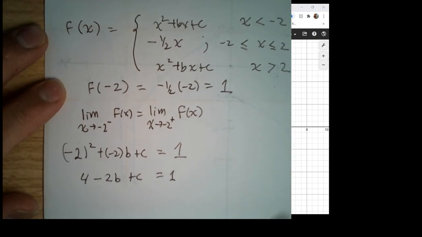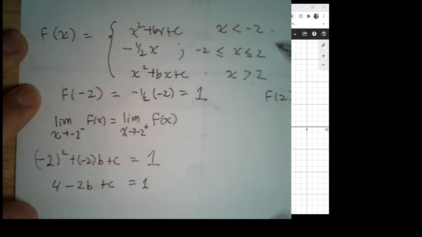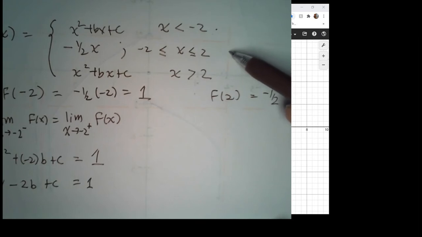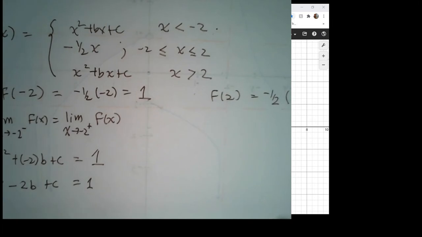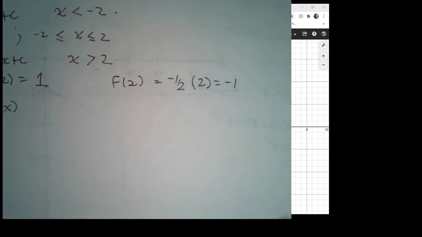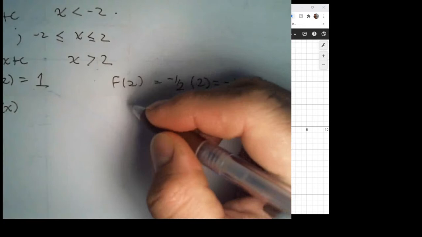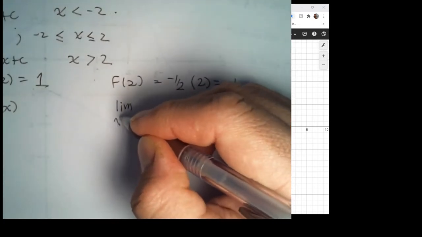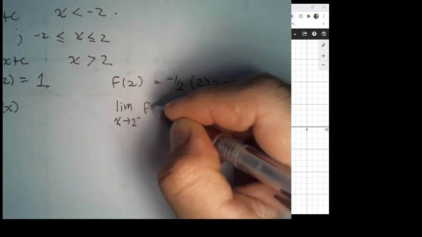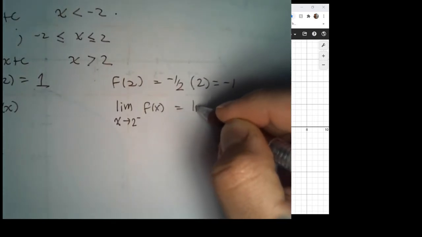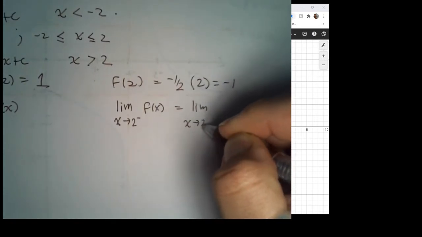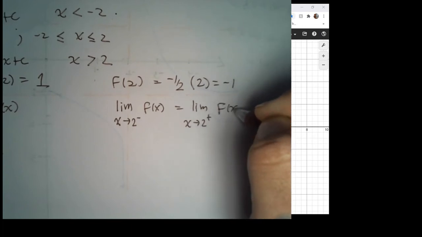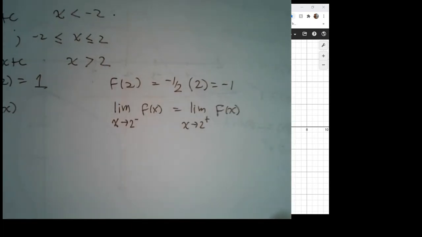On the other side, the other point of interest is at 2. f of 2 takes on the value from our piecewise function, the linear part, so that equals negative 1. Again, what I want to look at is the limit as x approaches 2 from the left side of f of x is equal to the limit as x approaches 2 from the right side of f of x.